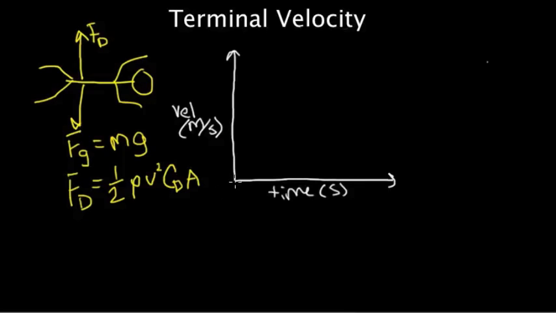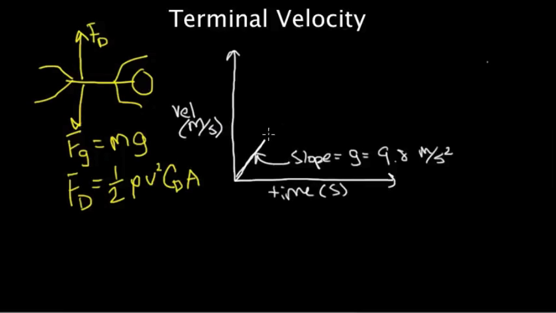When this skydiver first starts out, he's going to have this nice linear relationship. And if you remember the spark timer lab that we did, this is what we found. We had a velocity versus time graph that was this linear relationship. And in this case, the slope of this graph was equal to g, which is equal to 9.8 meters per second squared, or meters per second per second.